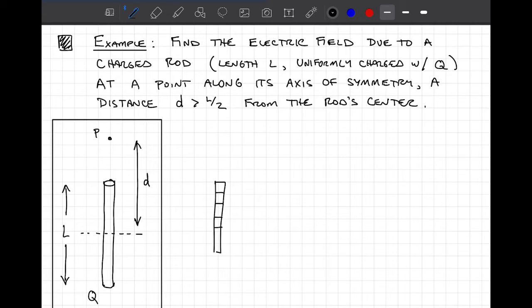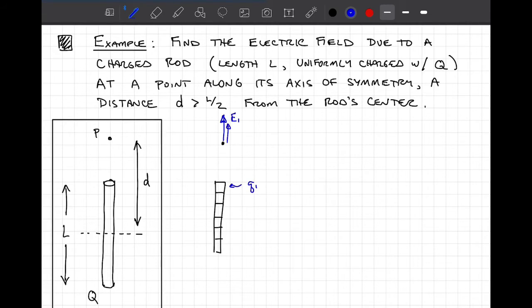So if we have a rod and we chop it into a few chunks, and we have a point up here, what does the electric field look like? Well, it's going to be the sum of the electric fields of all of those chunks, and if we assume them to be points, then we know what it looks like. They're just electric field vectors that point away. Let's assume this is the largest one because it's due to the closest one, so maybe this is Q1 and this is E1.